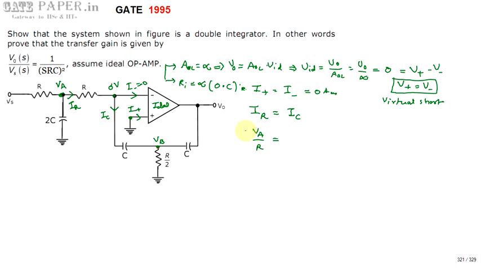This is equal to the current flowing through this capacitor, which is 0 minus VB, so it is minus VB divided by 1 by SC.